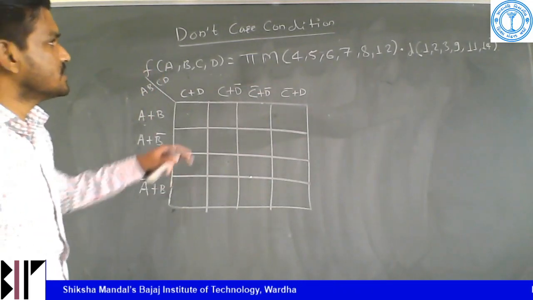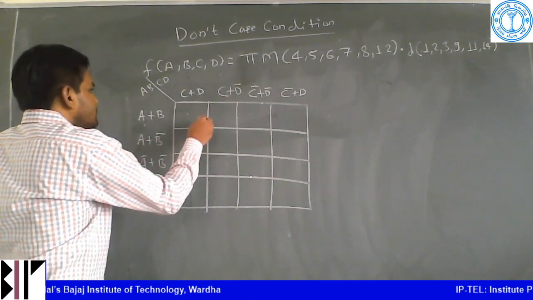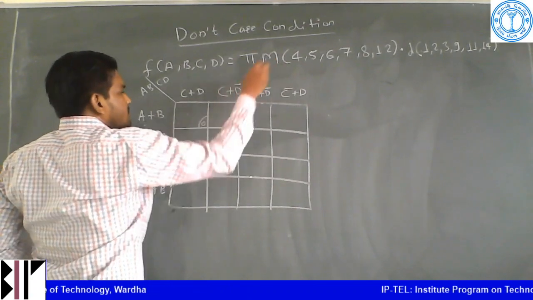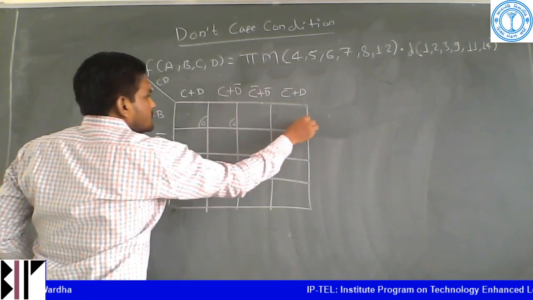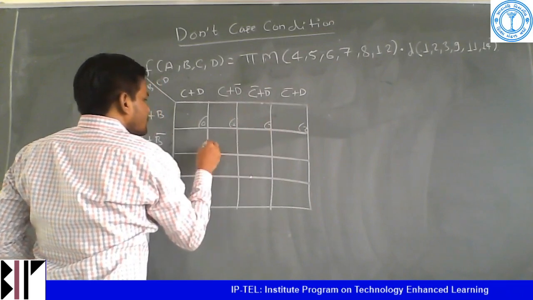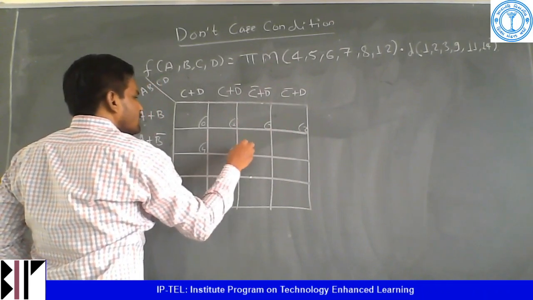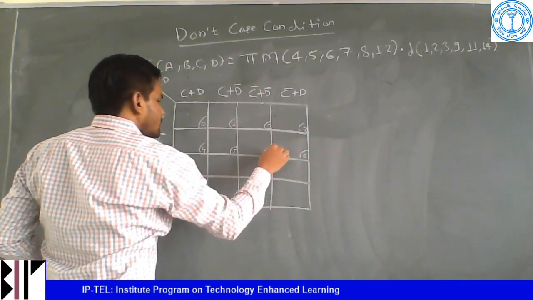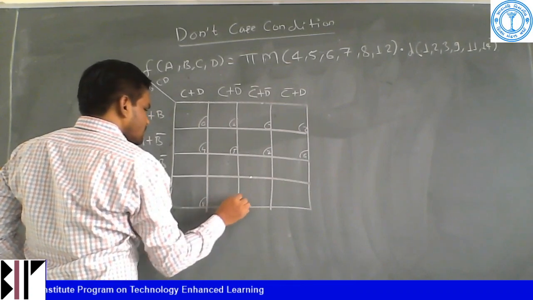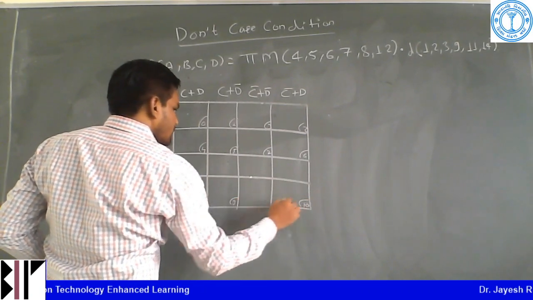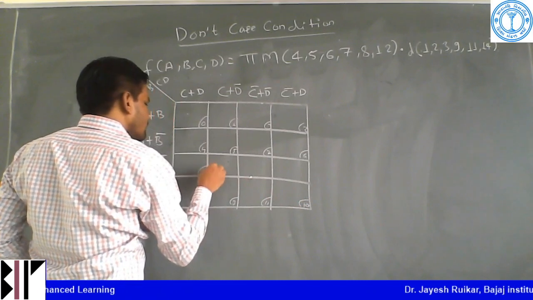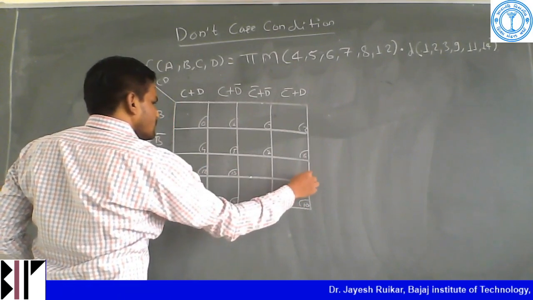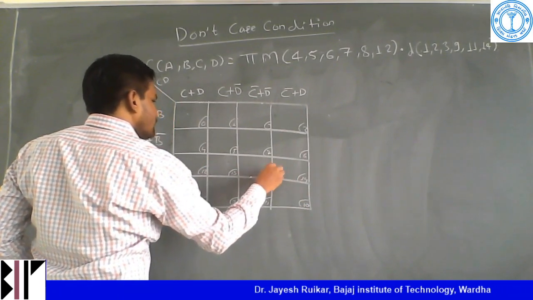Now, what is next? Next is to write the cell numbers. 0, 1, this is 2, this is 3, 4, 5, 6, 7, this is 8, 9, 10, 11, 12, 13, 14 and 15.